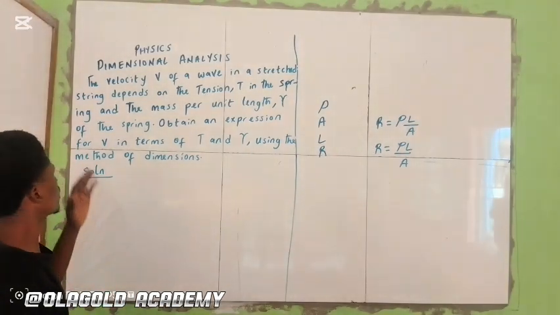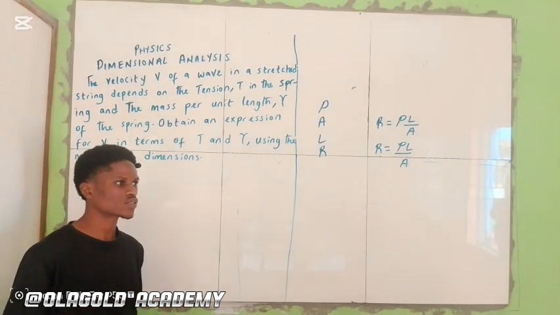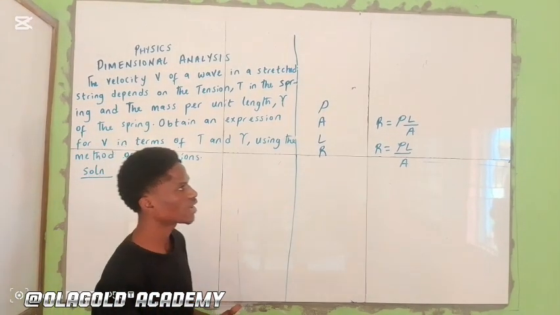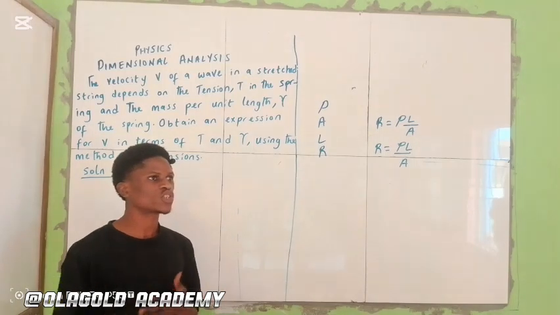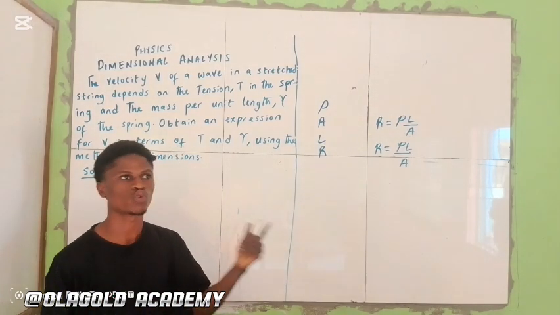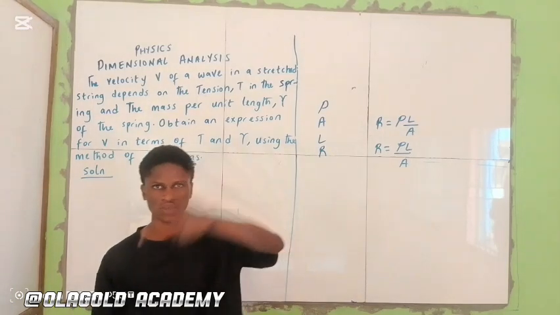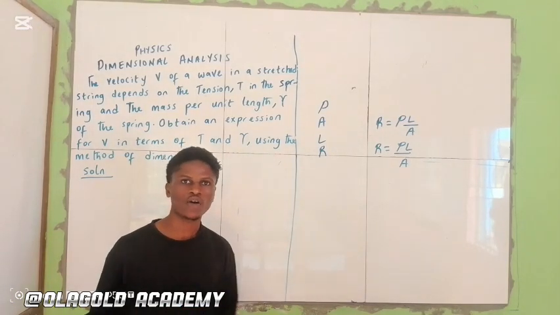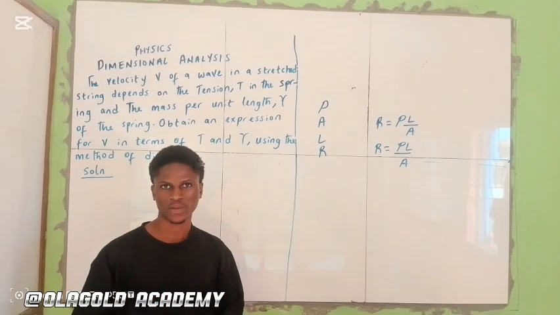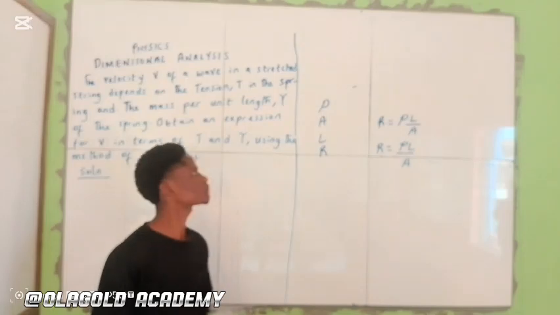Now, the first thing to always take note of when it comes to dimensional analysis is that when the question is being given, some parameters will depend on one, and one parameter can depend on the other, depending on how you are being given the question. Now, let's check this question now. Which one is depending on which one?